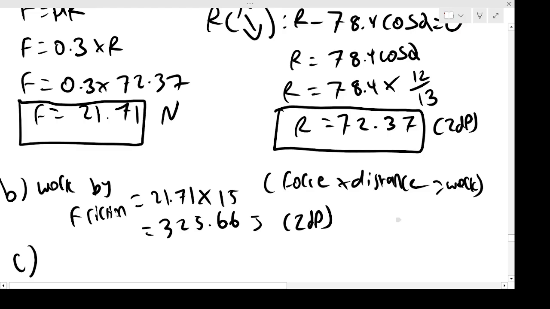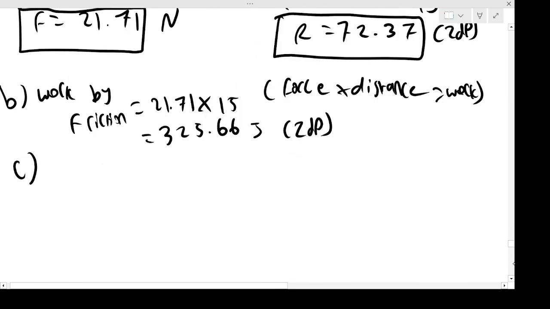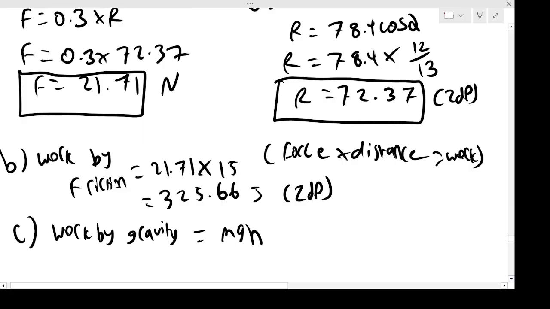Then for part C, they now want me to find the work against gravity. So remember, that's the formula: work by gravity is mgh. So the mass is 8, g is 9.8, and the height.